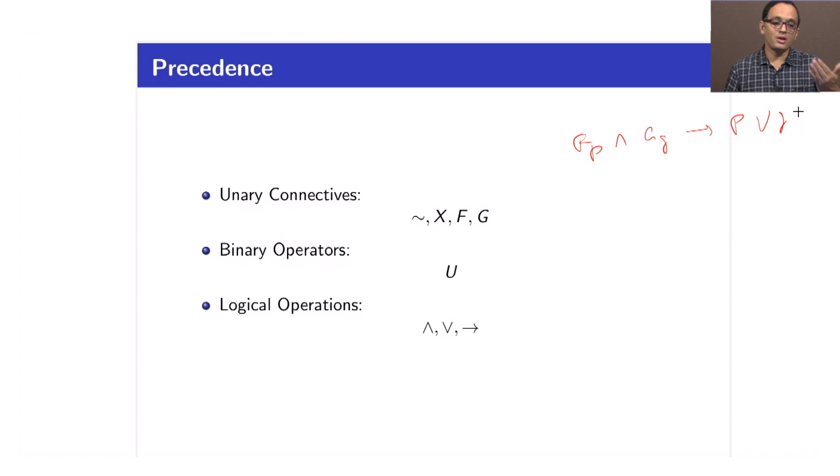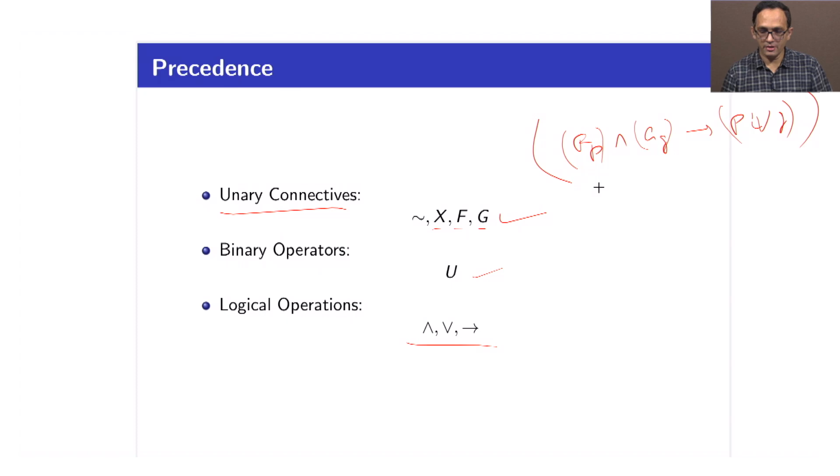So, now you need to understand the precedence of the operators, so that I know what is the exact meaning of that, right. This is until. So, precedence is: all the unary connectives have the highest precedence, not, X, F and G, then until, the temporal binary operator, and then the logical operators and, or, this. So, now if you see here, the highest priority will be this, this, this and then this, right.